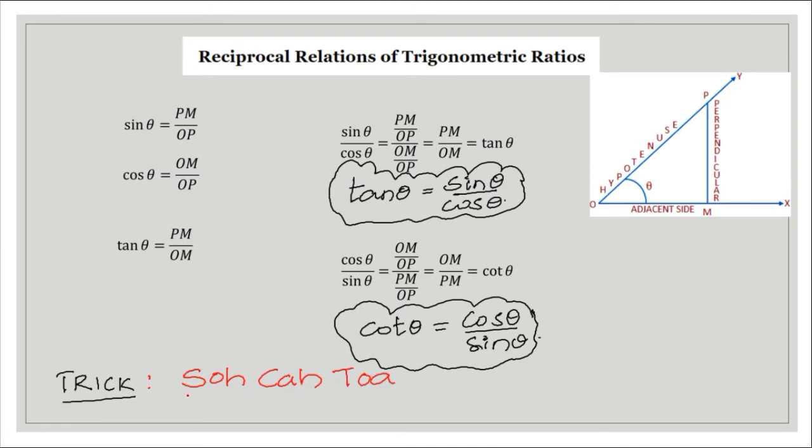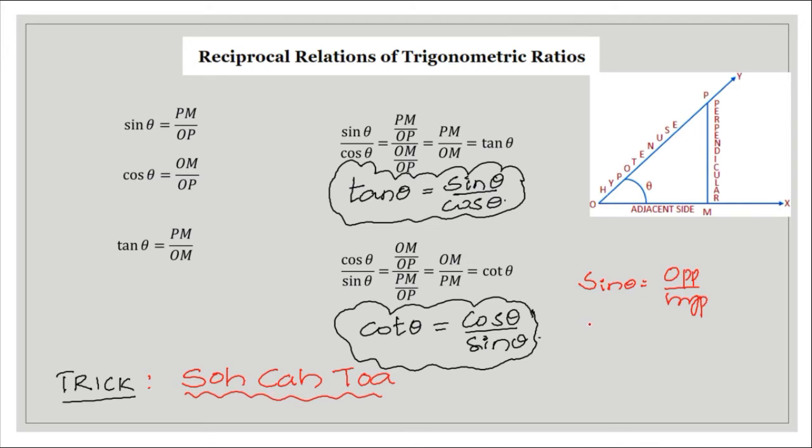What does this SOHCAHTOA refer to? These are the three basic trigonometric ratios. S refers to sin theta, O refers to opposite side, H refers to hypotenuse. So sine theta is defined as opposite side upon hypotenuse.